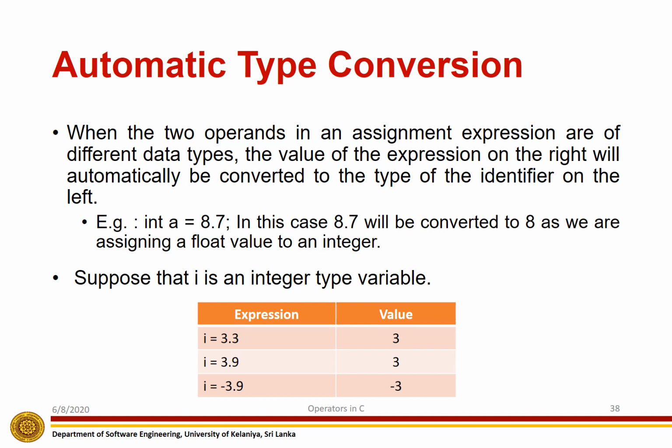It doesn't matter whether the decimal value is 3 or 9, all are converted to int. The third one is i = -3.9. Here also 3.9 is converted to -3. All the right side values have been converted to int. So a floating point value may be truncated if it is assigned to an integer identifier.